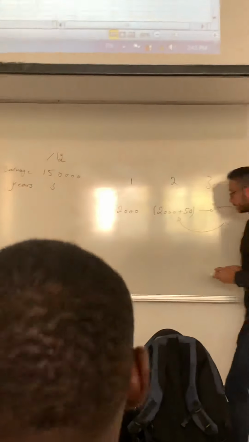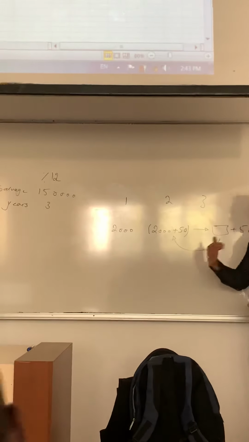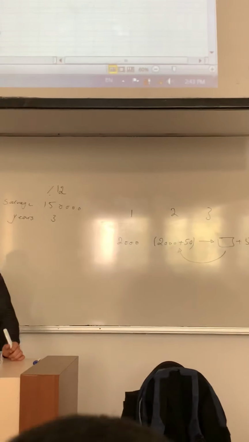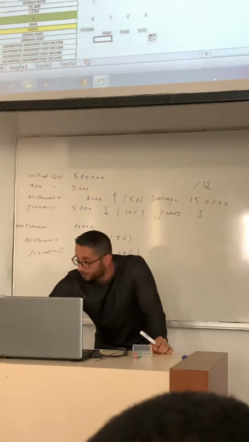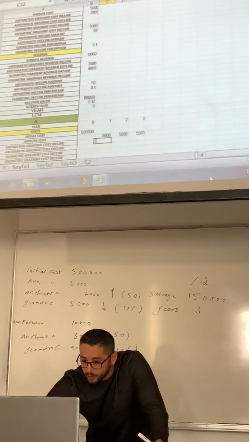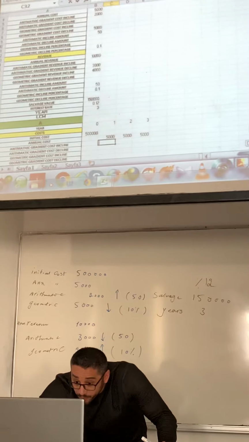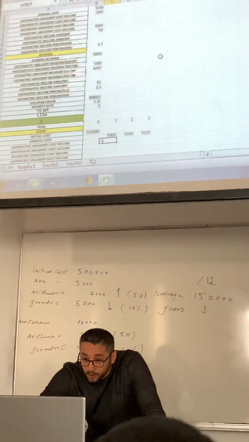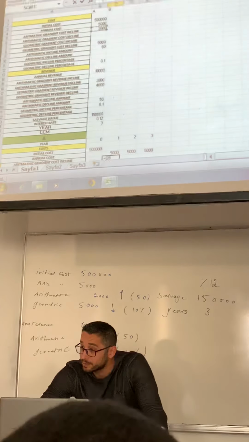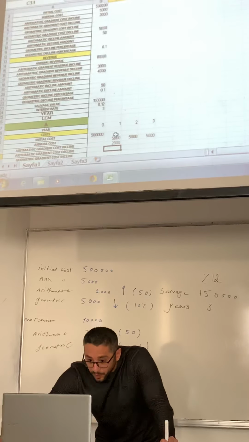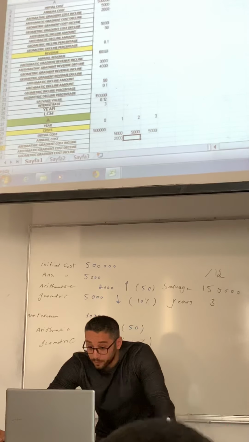So as we say it, we just write it down in Excel. It starts from year 1. In year 1, you have the 2000. So this is 2000, in year 1, B3.